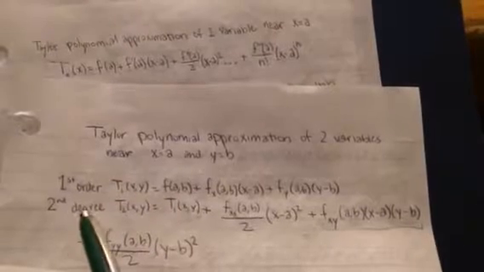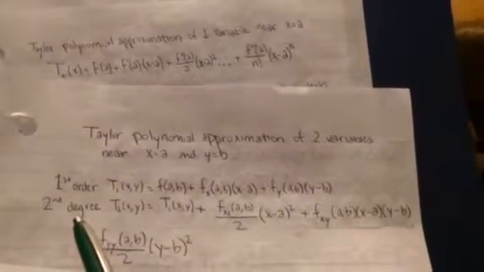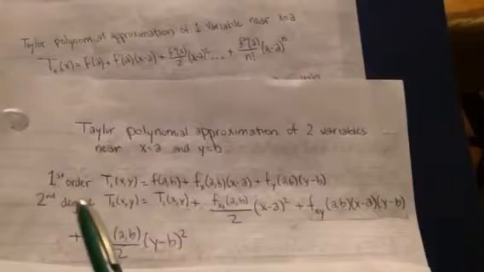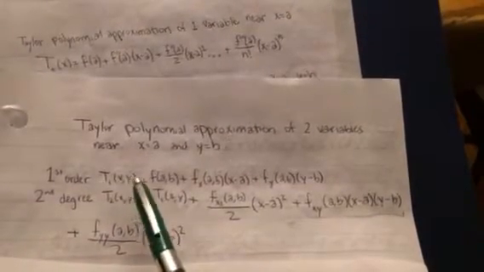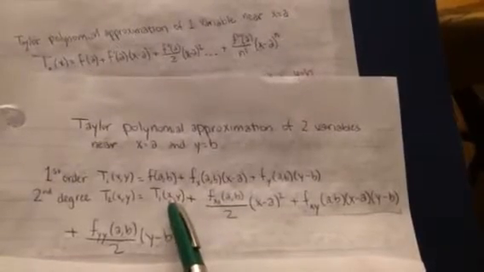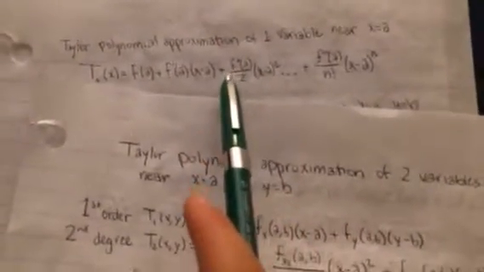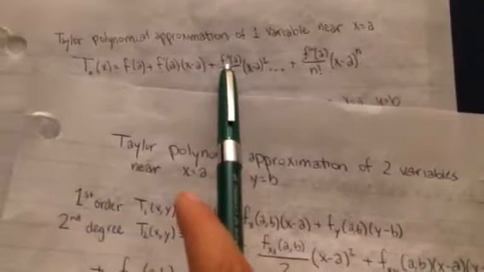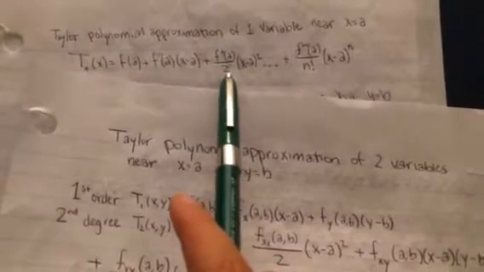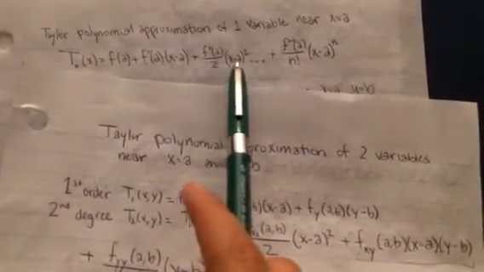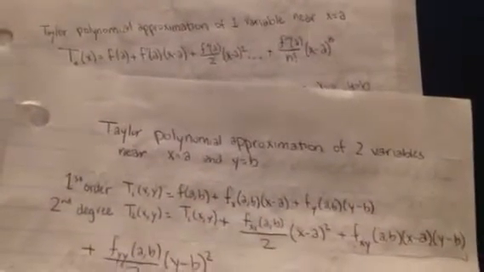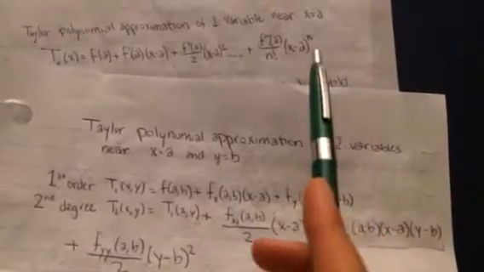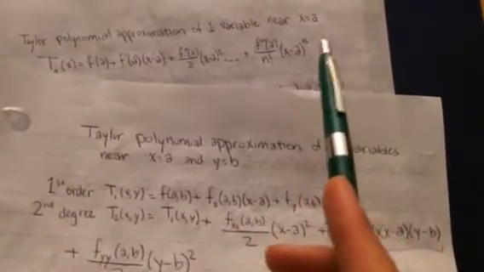So when we get to the second degree, things become a little bit more complicated. The first part is just the first order derivative, but then you have to keep adding, like you do up here, the second order derivative over n factorial times the distance squared, and you keep going until you get to n, but in this case we just stop at 2 because n is 2.